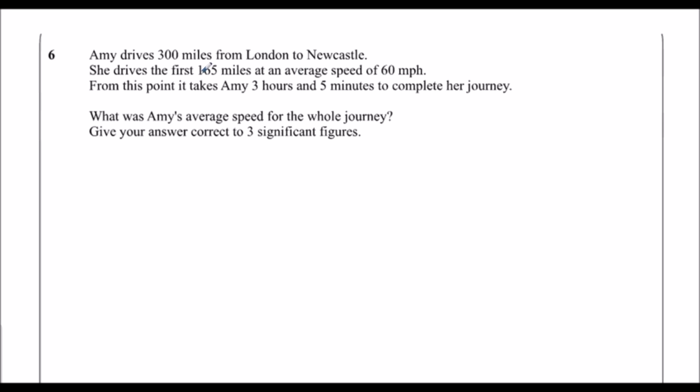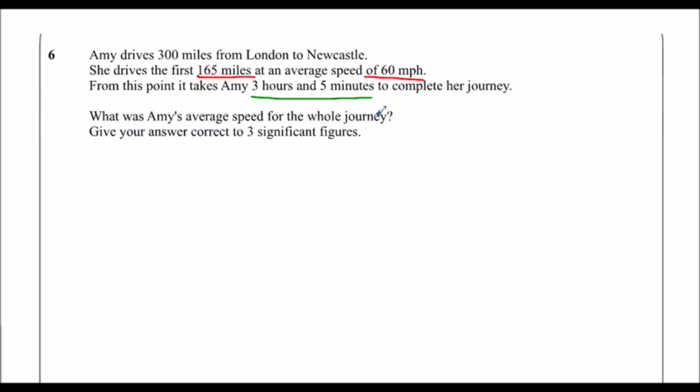So we've got 2 parts to our journey. The first part is 165 miles at a speed of 60 miles per hour. And for the second part, we know it's 3 hours and 5 minutes. We need to know the average speed for the whole journey.